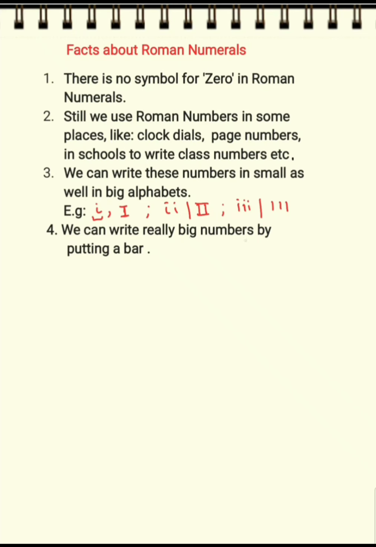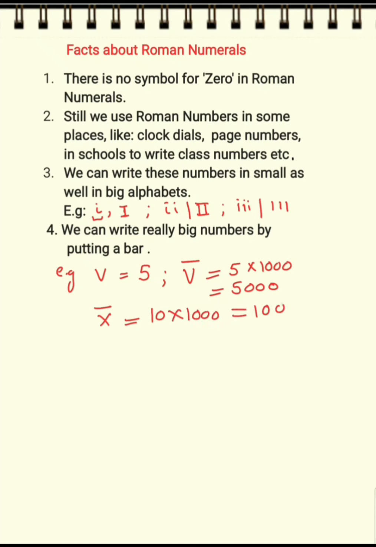We can write really big numbers by putting a bar on small numbers. For example, if I write V, this V is equal to 5. But if I put a bar on this, it will become 5 multiplied by 1000, and it will become 5000. Actually, by putting a bar on a number, we are multiplying that number with 1000. So similarly, we can write the bar on X. It will become 10 into 1000, means 10,000.